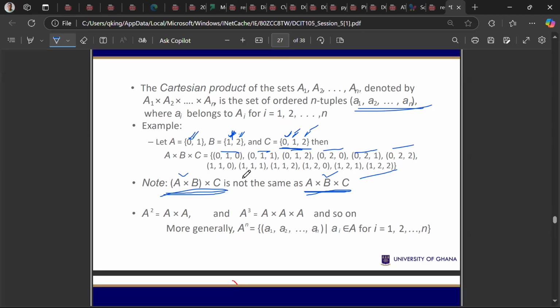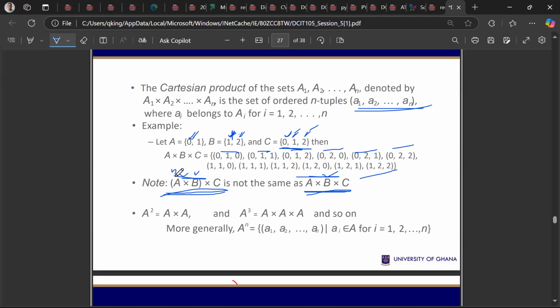The reason why they are not the same is because there's a parenthesis included here. So when you pick the first element of A, you pair it with the elements of B until you have exhausted all of them.